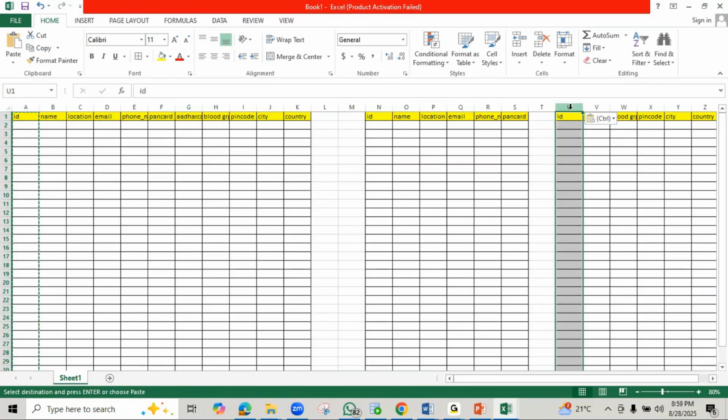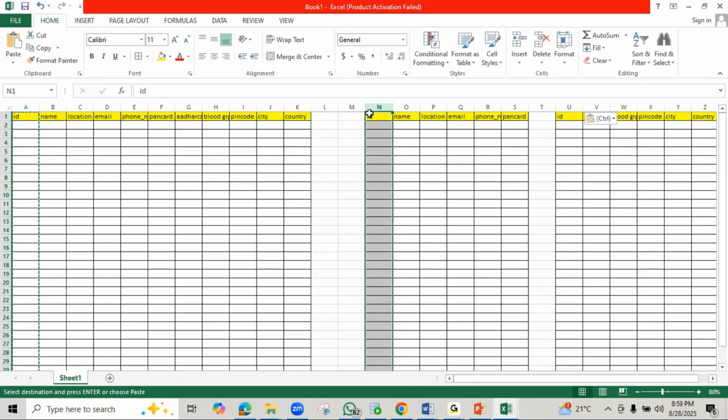But you have to make sure that column should not contain any duplicate value. Okay, so generally ID, employee ID, will not contain any duplicate, correct? That's why I have considered the ID column as a common column. Make sure the column you are considering should not contain any duplicate value.